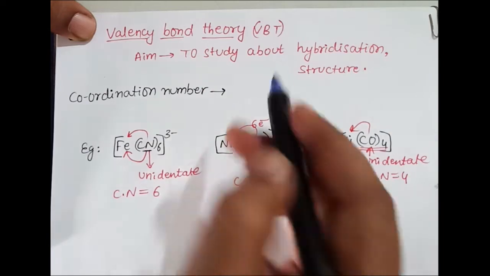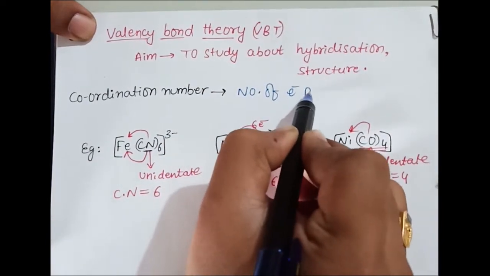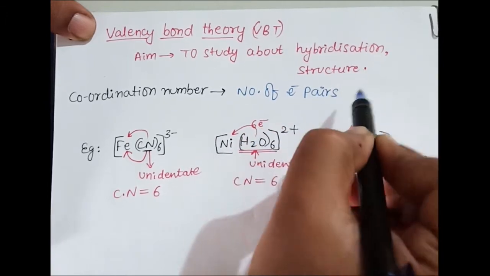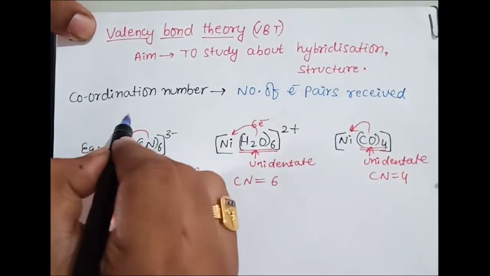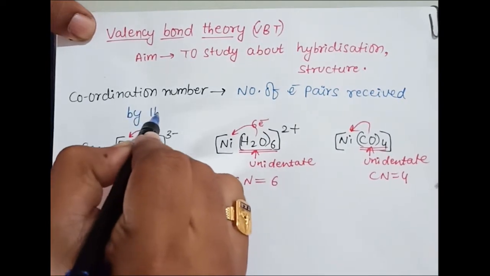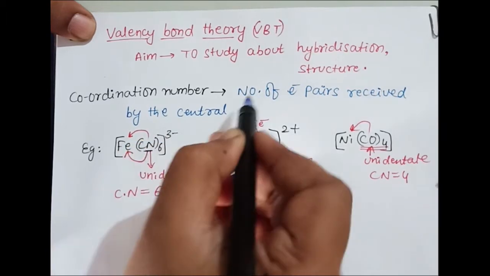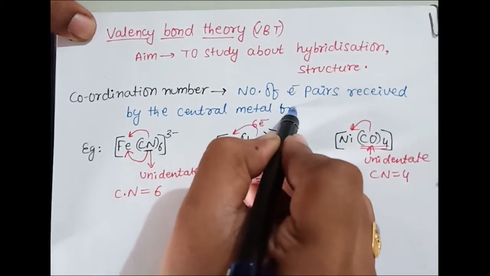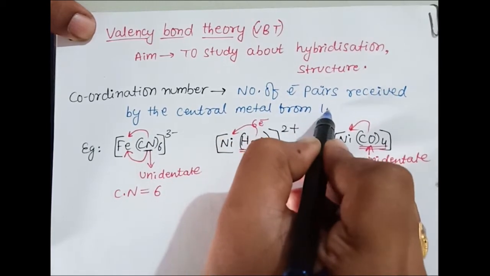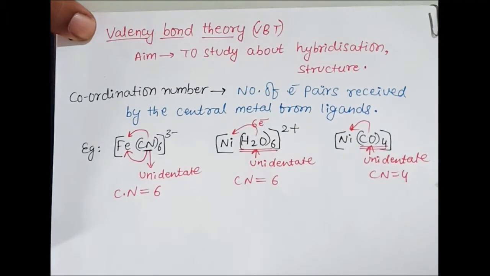Coordination number means the number of electron pairs received by the central metal from ligands. Yes, that number is called the coordination number.